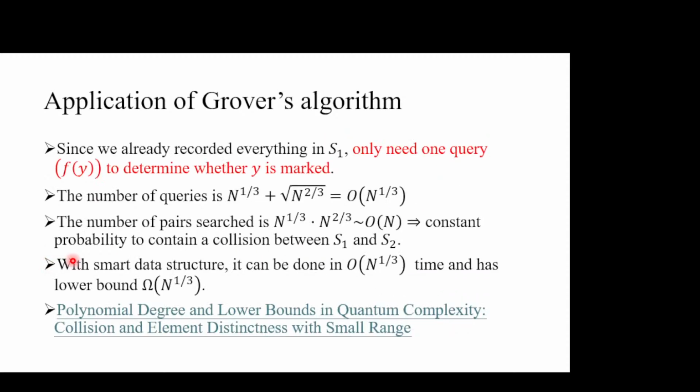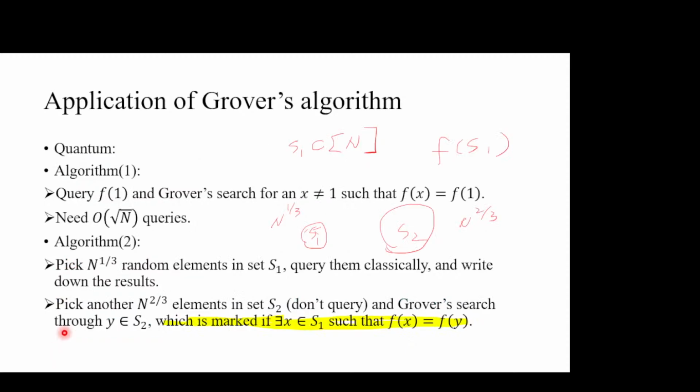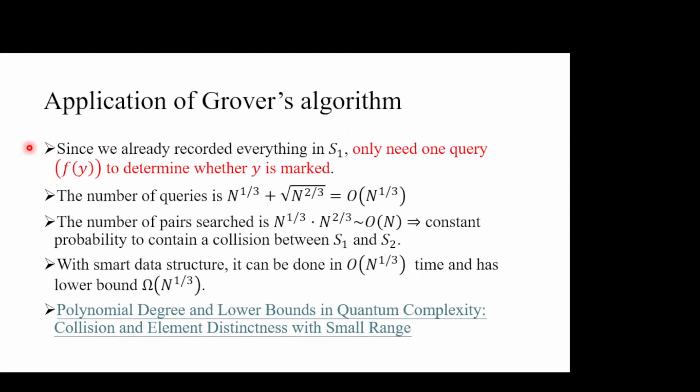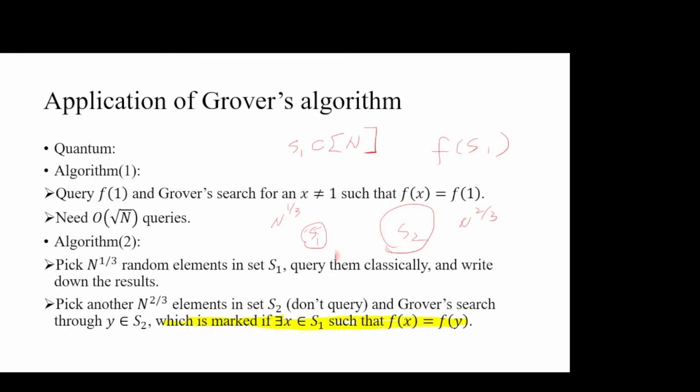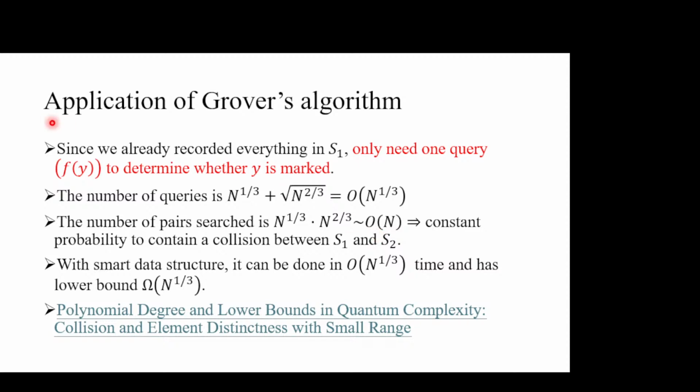This is something we can do because we already wrote down everything inside S1. This oracle, with input inside S2, marks if there is an x inside S1 such that f of x equals f of y. This oracle can be done with only one query: if you want to query some y, you only need one query on y to calculate f of y.